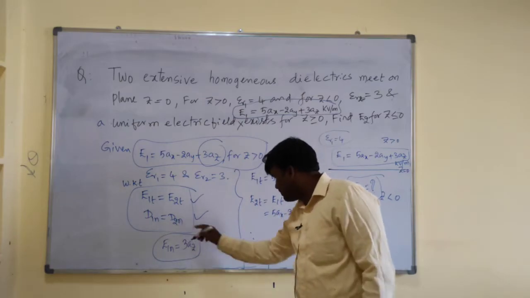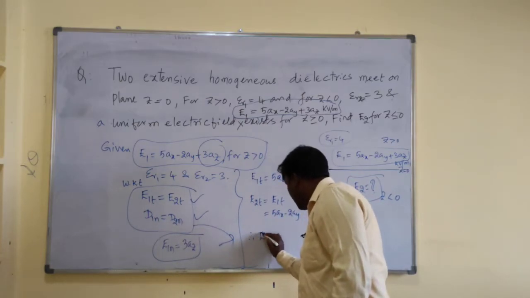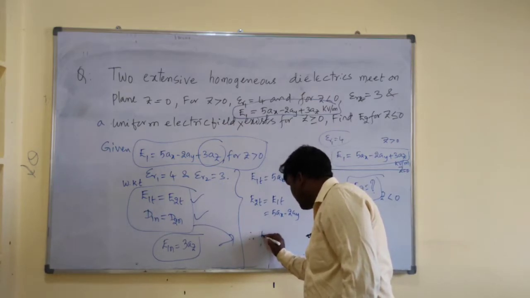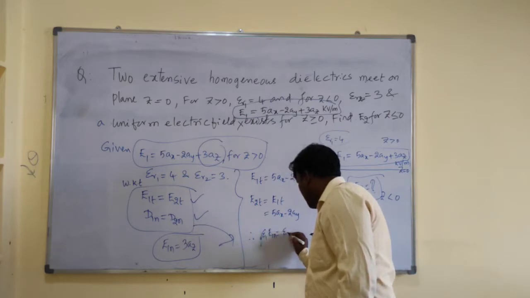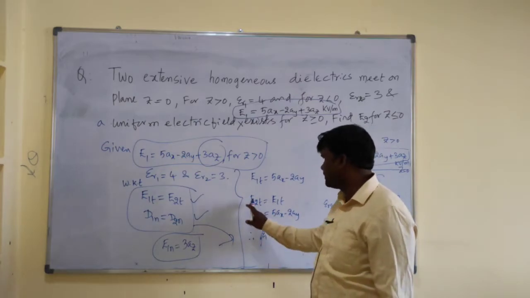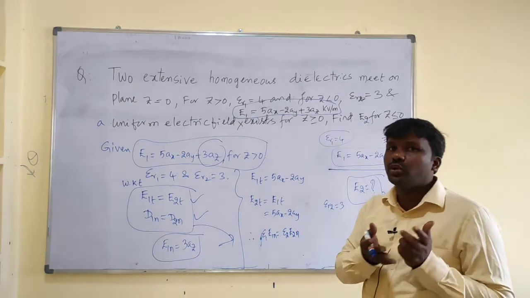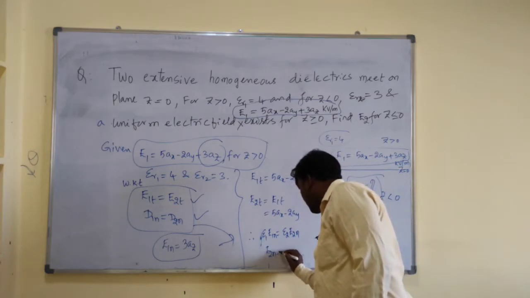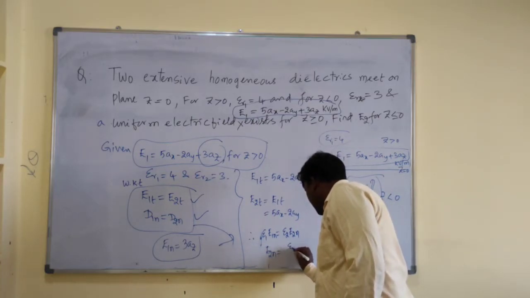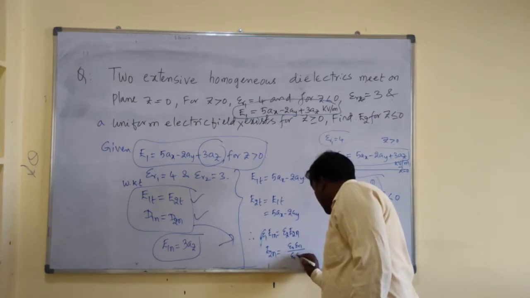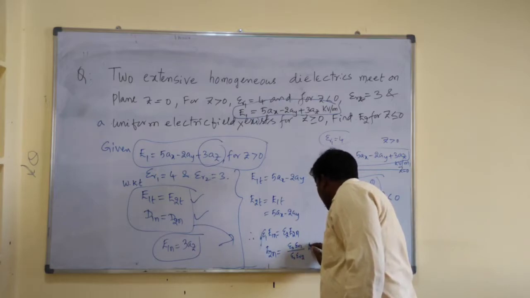Therefore, since D equal to epsilon into E, we can write this as epsilon 1 E1n equal to epsilon 2 E2n. What we require in order to get E2 is E2t plus E2n. So, E2n is epsilon naught epsilon r1 by epsilon naught epsilon r2 into E1n.